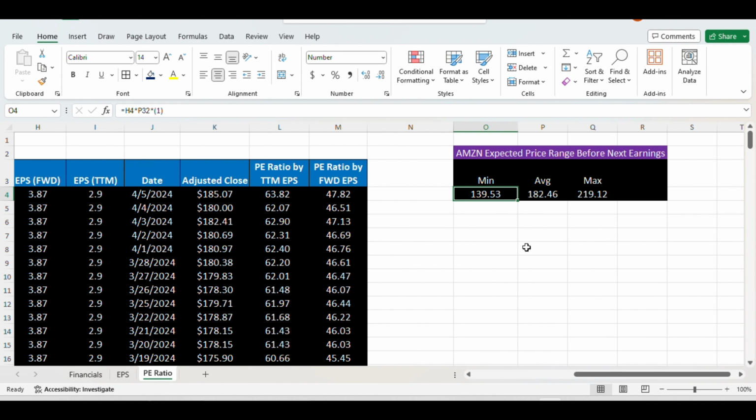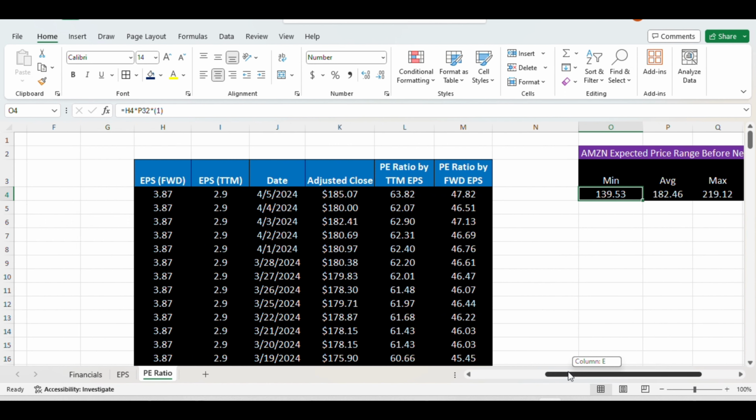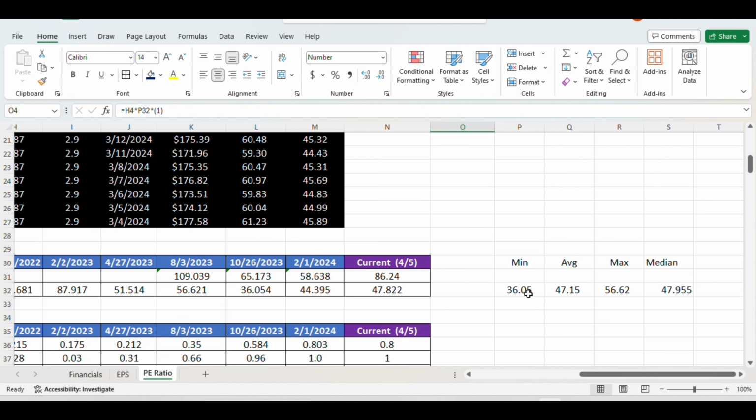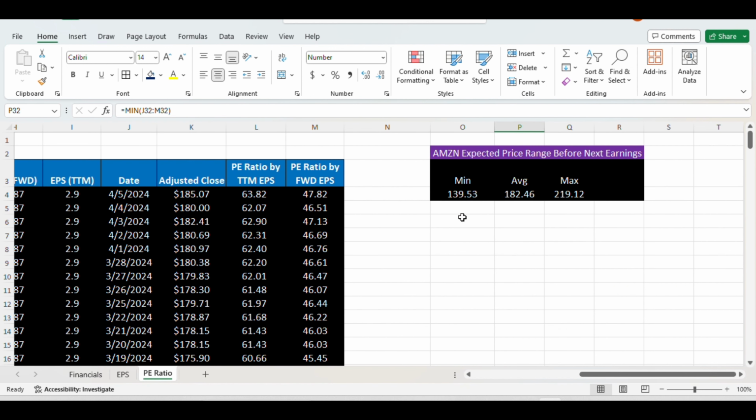Now I'm ready to calculate the min, max, and the average expected Amazon price before the next earning. For the minimum, you see the formula that is H4, that is forward EPS times P32, that is this guy. This is basically the minimum forward PE last 4 quarters, that is 36.